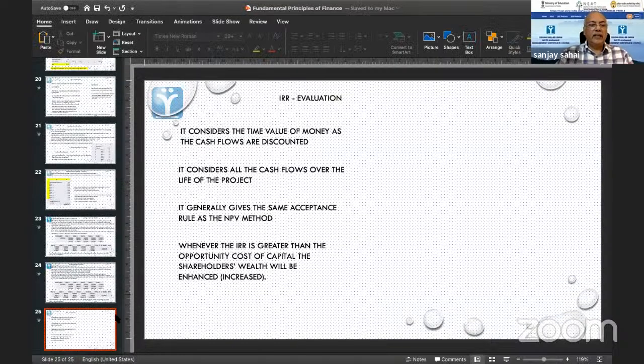So with that, we come to the end of our session on internal rate of return and NPV. And I hope this has been helpful. We will revise this again tomorrow for your benefit, so it makes it easier. But please go through the slides here and please use Excel to do those exercises.